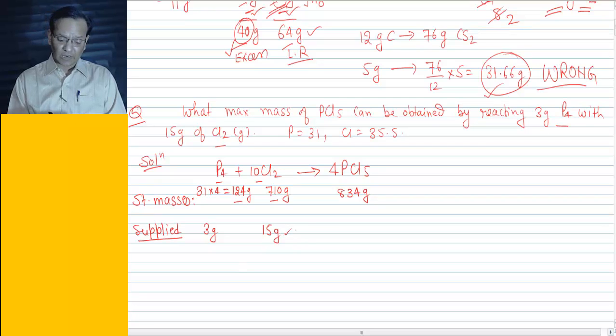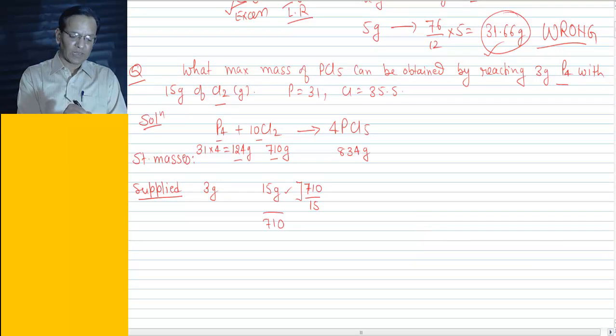So let us convert this 15 to 710. So multiply it by 710 by 15. So this mass will become 710, while the mass of phosphorus accordingly will be 3 into 710 divided by 15.